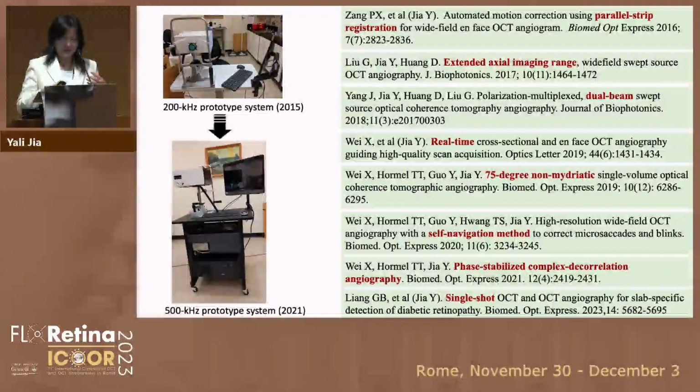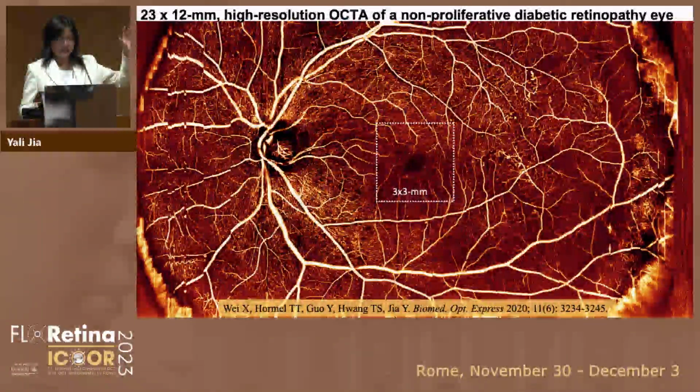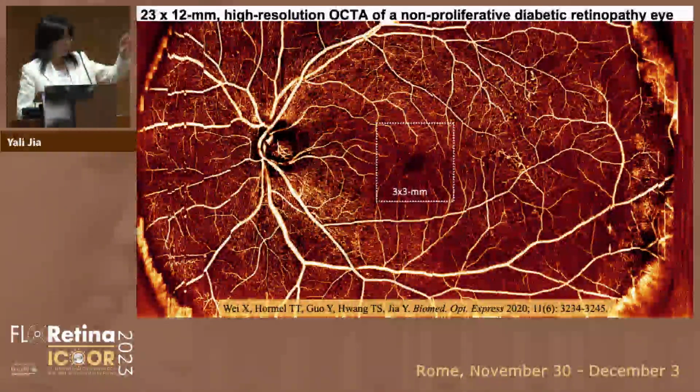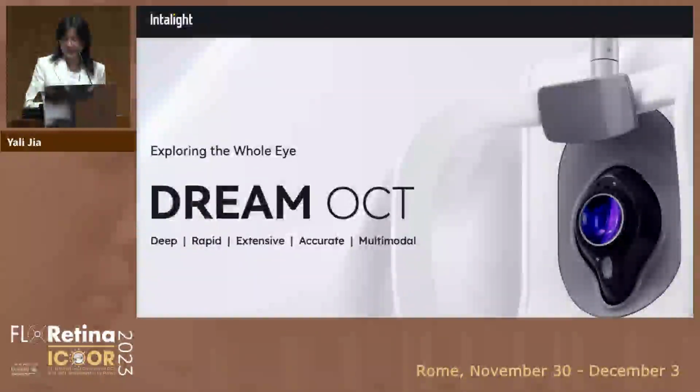We have GPU-based real-time processing, an aspheric testing, and the self-tracking method. A lot of those components we have worked on. That's the image we generated in the lab compared to the central macula generated by the conventional size. That's 23 millimeters, the maximum we can achieve in the lab.